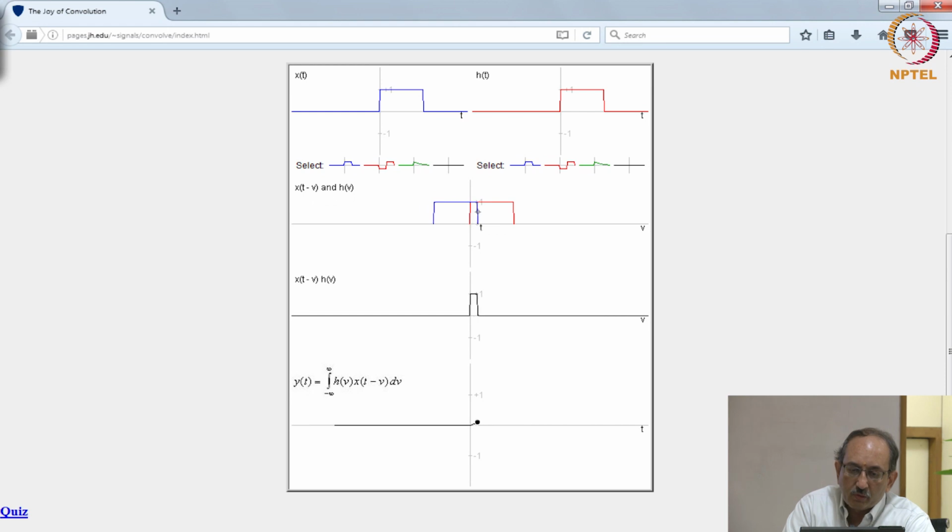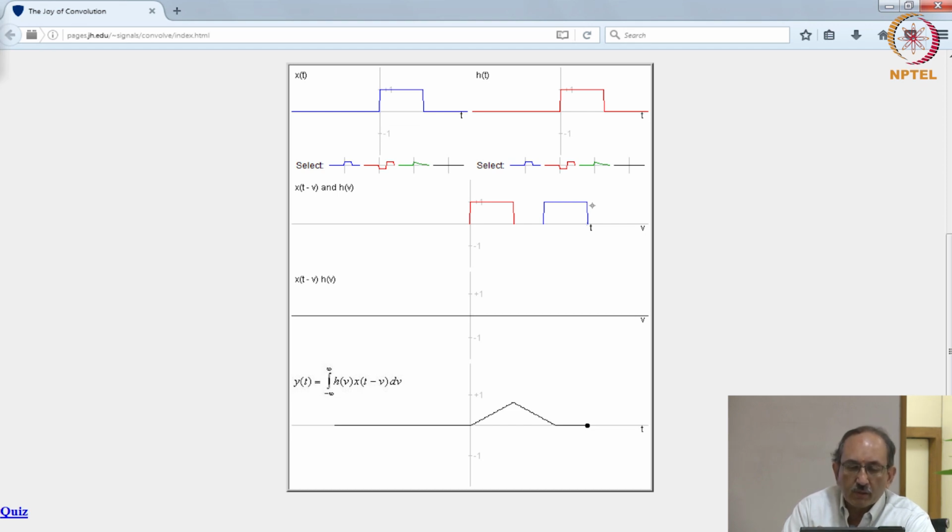As you keep sliding in, the product has more area, and at this point you have reached the maximum overlap. So, the area is maximum, and then when you slide out, the overlap decreases, and hence the area also decreases, the convolution result decreases, the decrease is linear, and you get this triangular output. Okay.